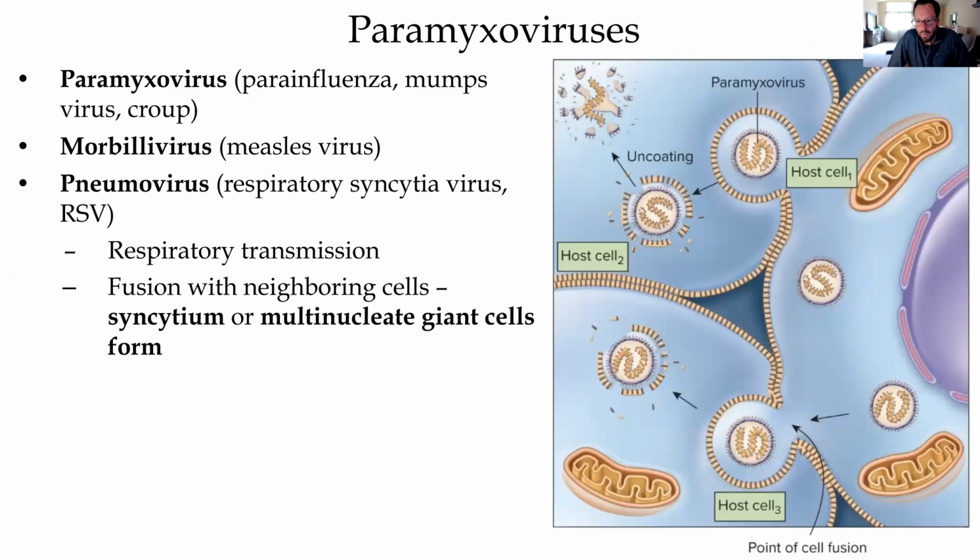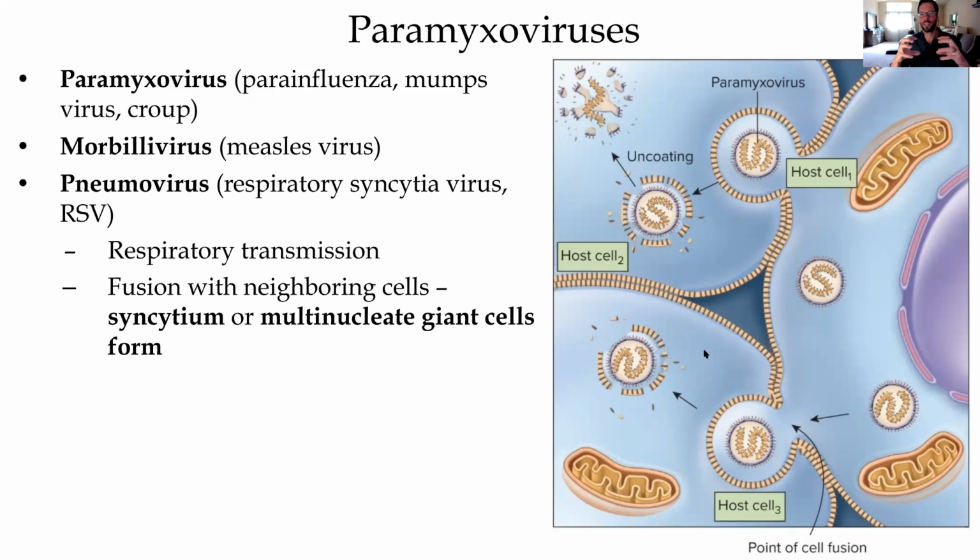Paramyxovirus, parainfluenza. The interesting thing about this is that it can form this syncytium that I mentioned on Monday, or these multinucleated giant cells, because what happens is one infected cell is touching another non-infected cell, and the new virion just buds out of that cell into the next cell. And then it does its thing, right?